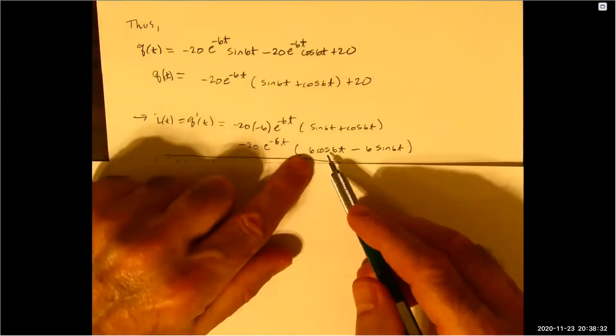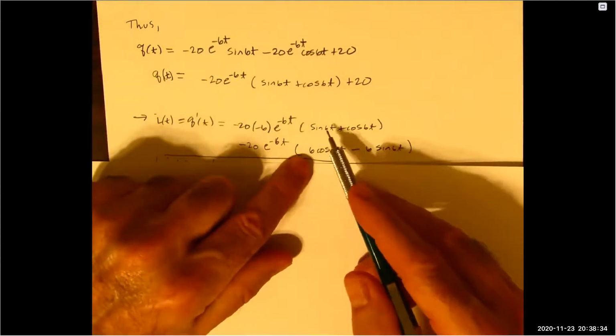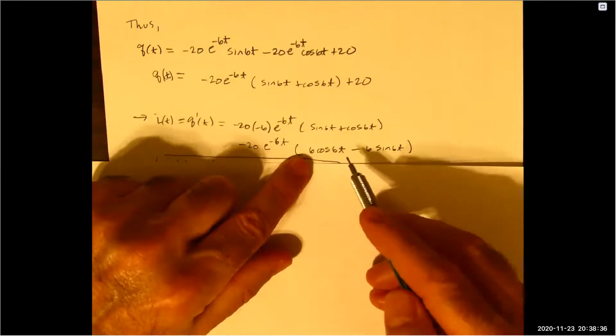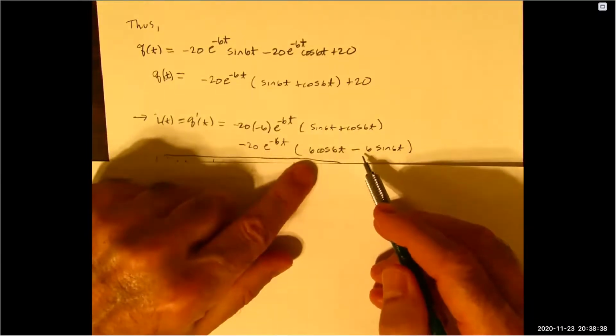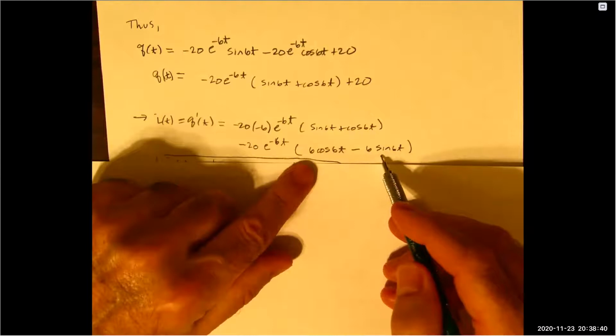And then differentiating the inside part, we're going to have 6 cosine of 6t minus 6 sine of 6t.